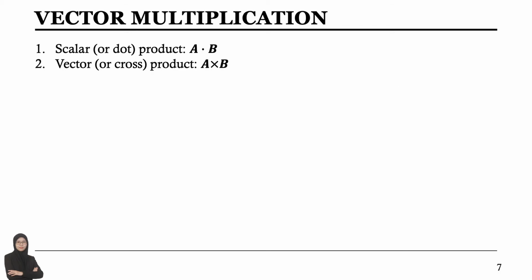Now I'm going to explain vector multiplication. We have two types of vector multiplication.